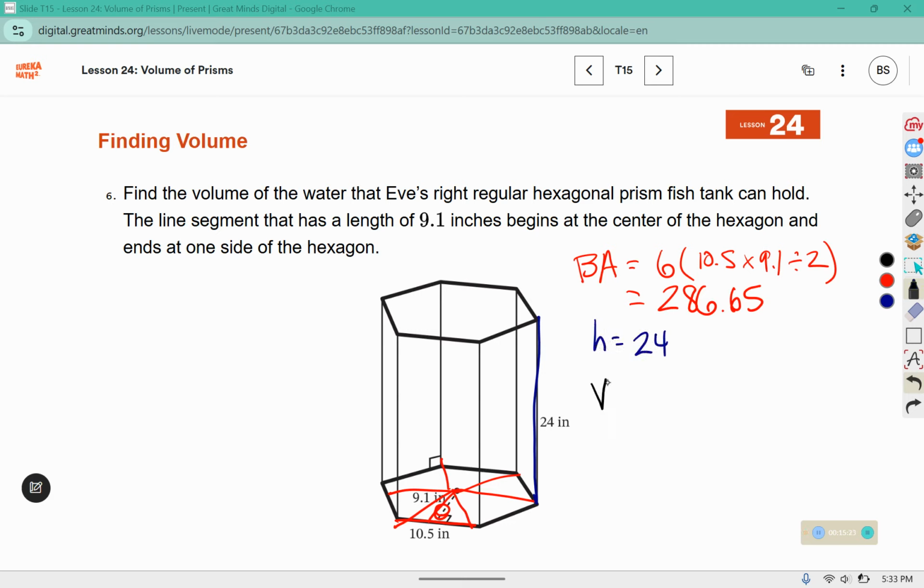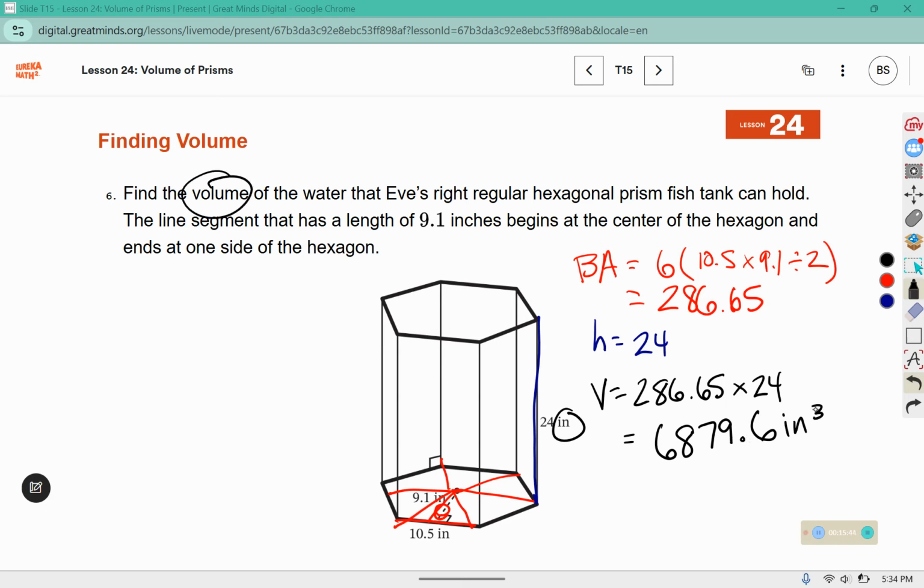So the volume is going to be found by multiplying the base area by the height. And that is 6,879.6 inches to the third power.